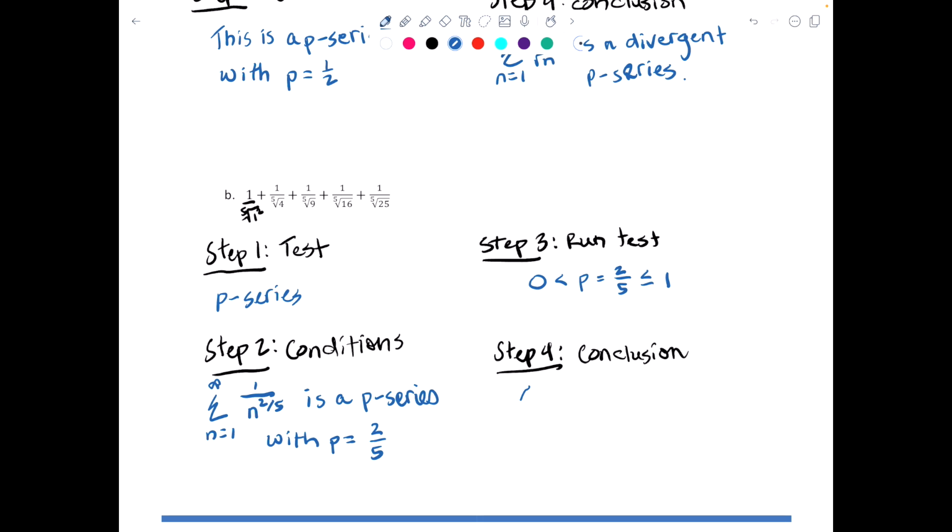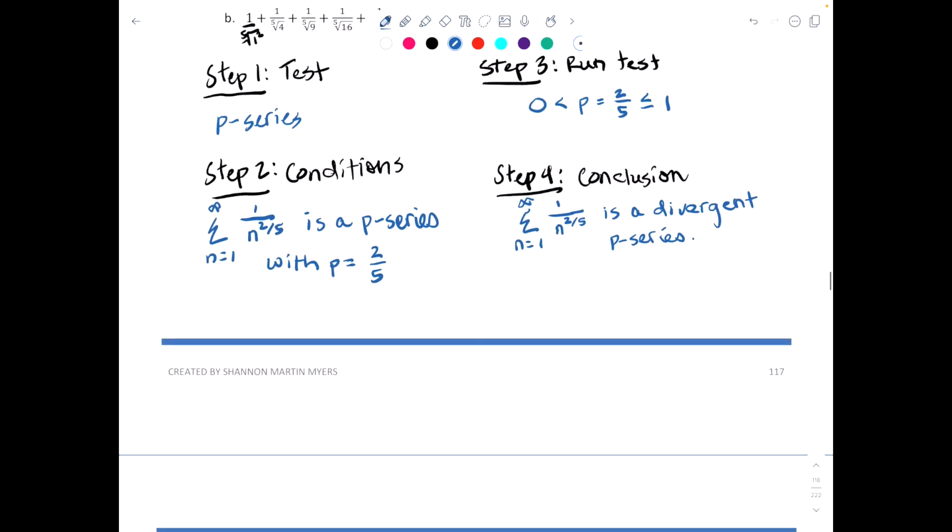So the summation from n is 1 to infinity of 1 over n to the 2/5 is a divergent p-series. Cool, cool? Awesome.